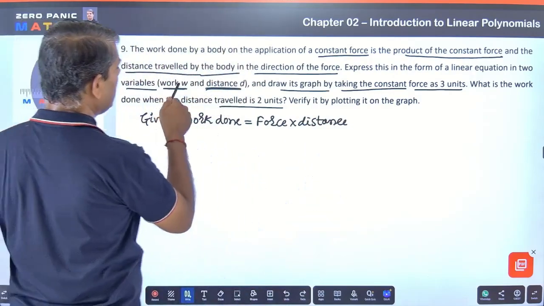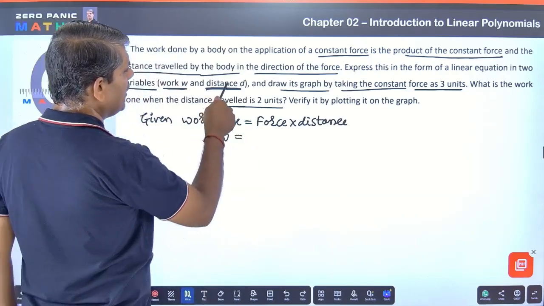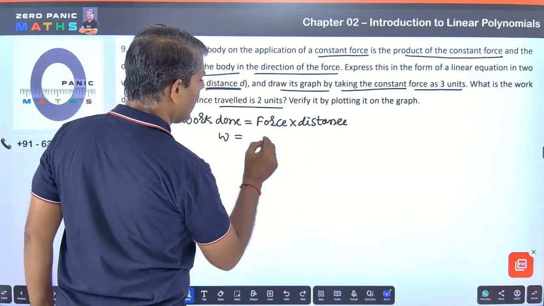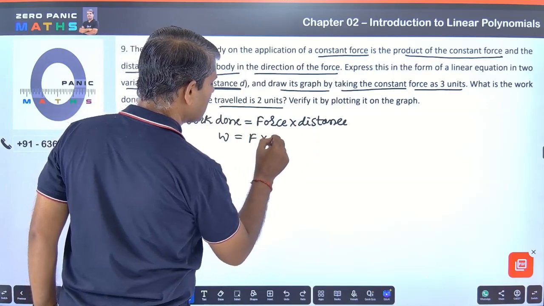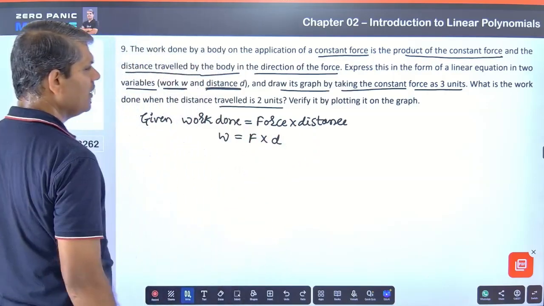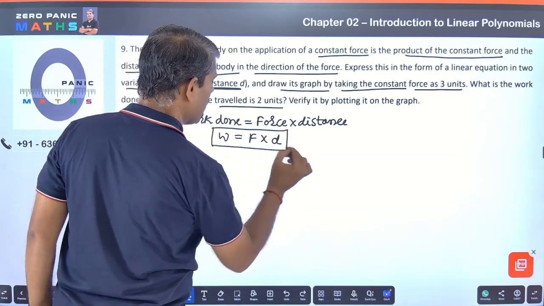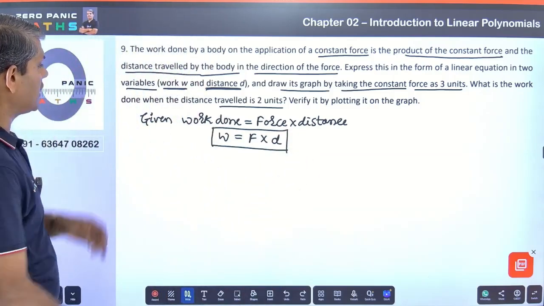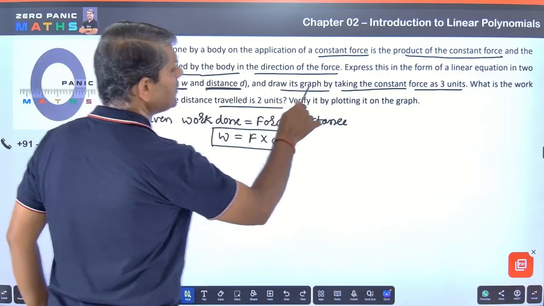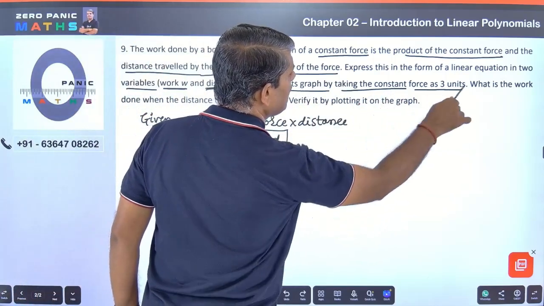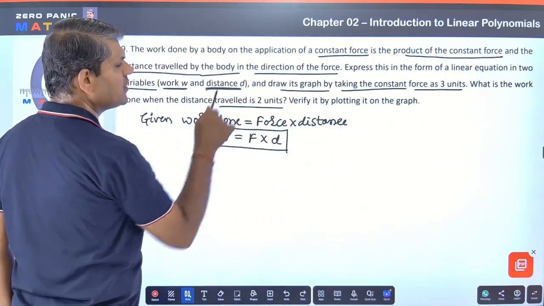And they have already given that work done should be represented by a variable W and distance by D. Now let me represent this force as F and distance as D. So this is the formula that we want. Work done is equal to force multiplied by distance. Now what is next is to calculate the work done for a constant force of 3 units and distance traveled is 2 units.